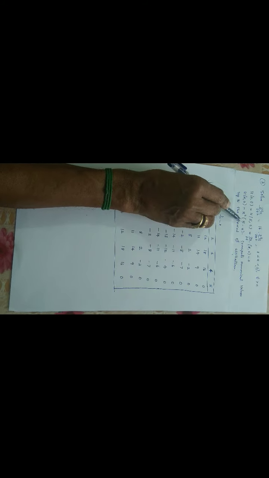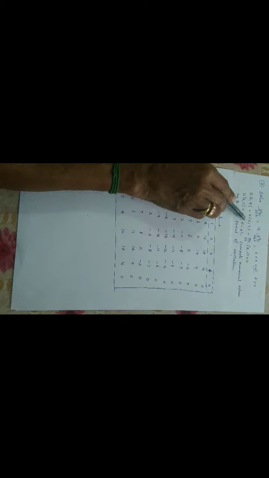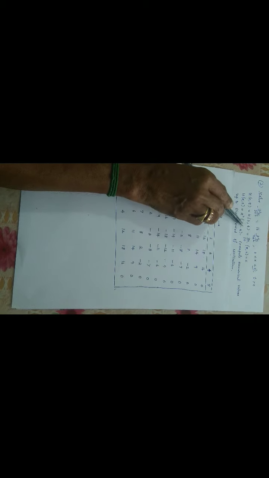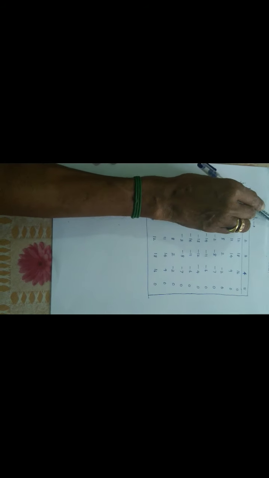At x equal to 2, the numerical value is 12. At x equal to 3, 18. At x equal to 4, 16. At x equal to 5, it coincides with the boundary condition, 0. So this is given to you from the problem.